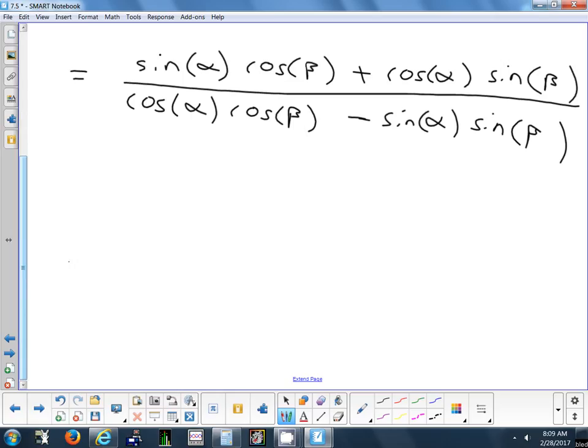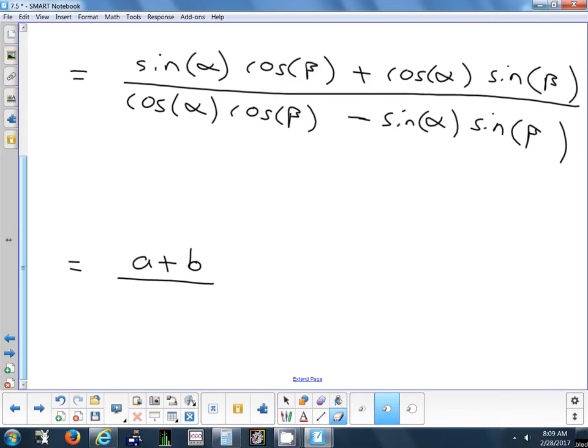What could you do if you had something like, just to simplify it, without trig for a second, A plus B over, how do I want to do this? Well, I want to break this up into different fractions. Right now I have a common denominator, like one big fraction.